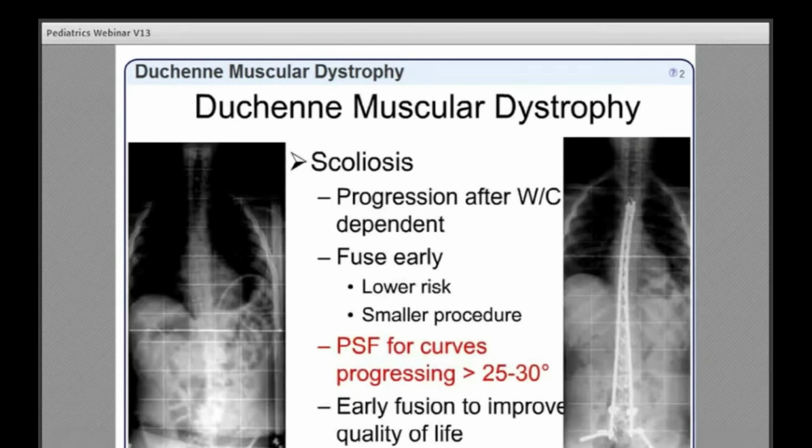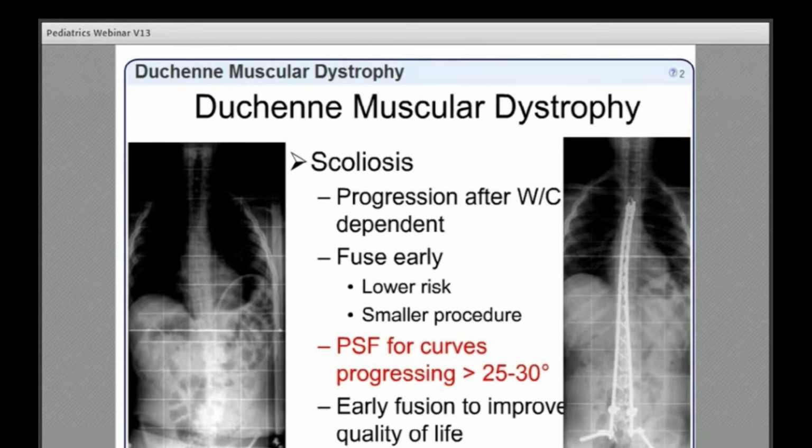Duchenne muscular dystrophy is an X-linked recessive disorder that has scoliosis as a large component of the deformity. The scoliosis and spinal deformity that we see in these children typically progresses after they become wheelchair dependent.